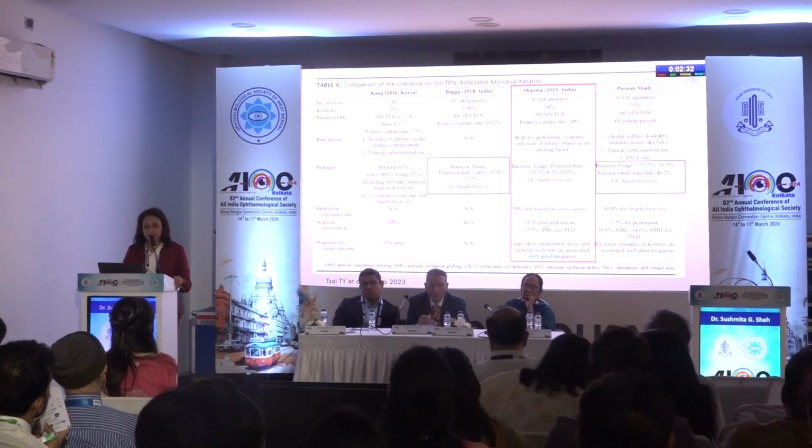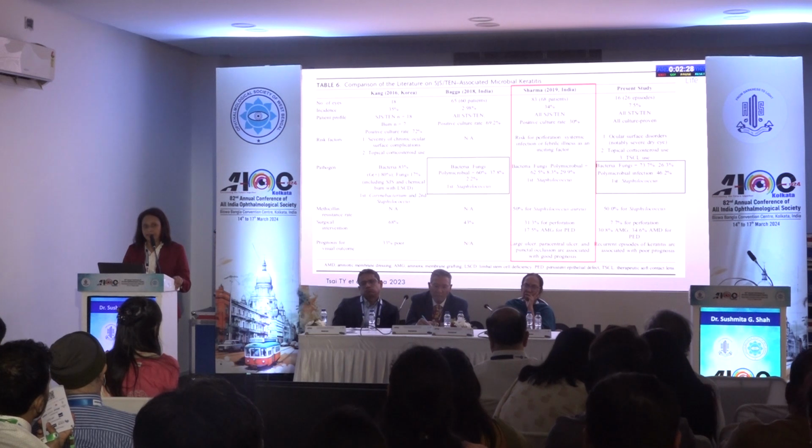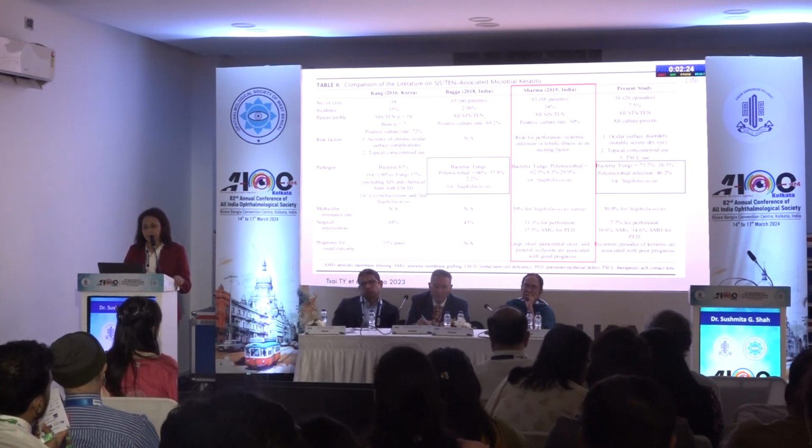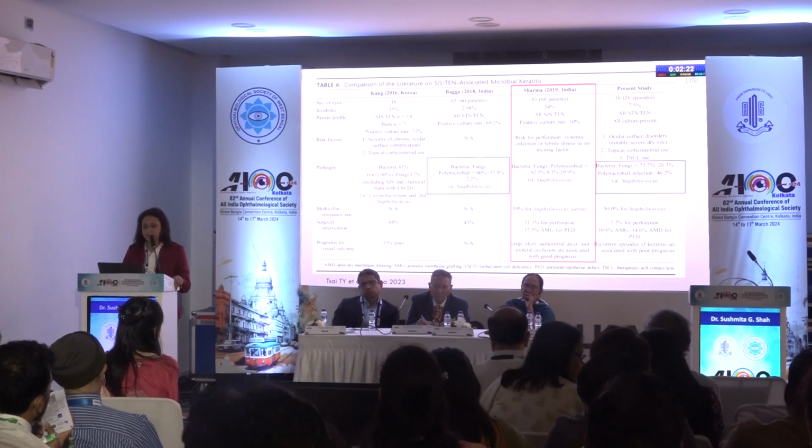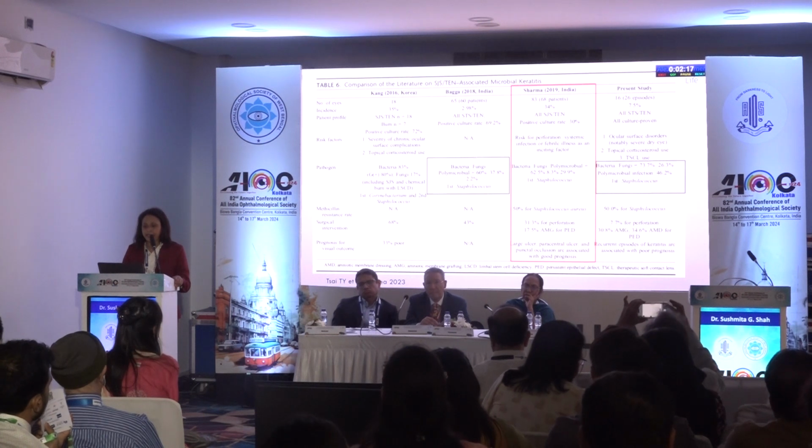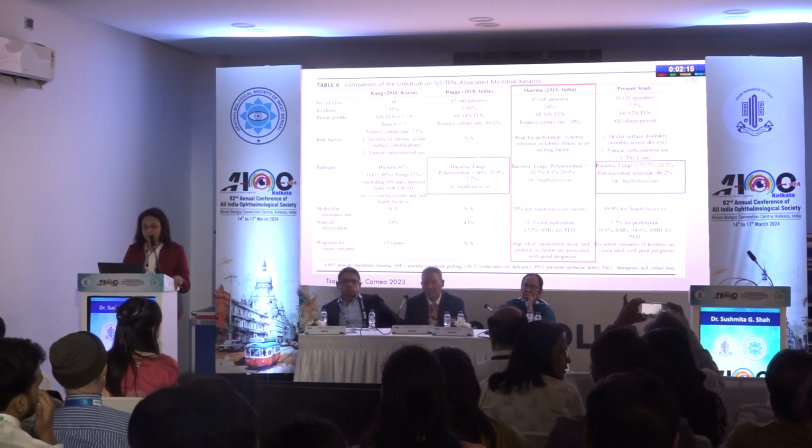Now this is a chart which enlists all the various large studies reporting infections in ocular surface disease. The biggest study is from RP Center by Dr. Sharma et al., which shows about 83 patients, all with either SJS or TEN, and with the highest number of positive culture, it was 30%.